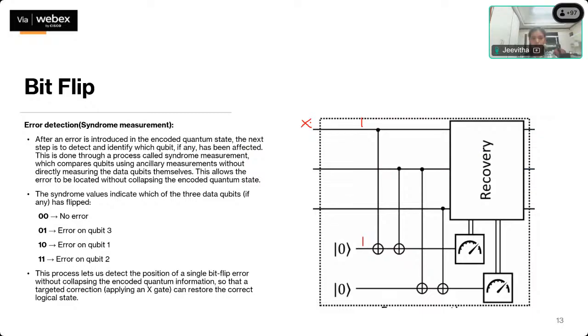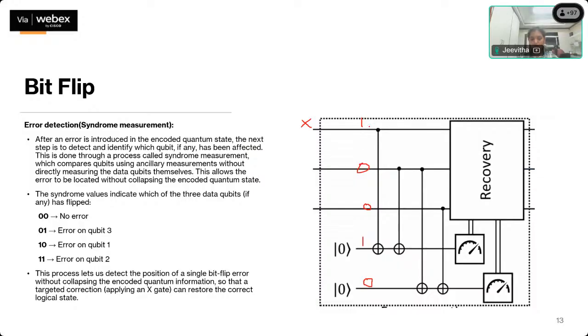I'm initializing all the syndrome bits to 0. So this will be 1, and since no error has occurred, this will be 0, and this will be 0. I'll tell you how I got this measurement.